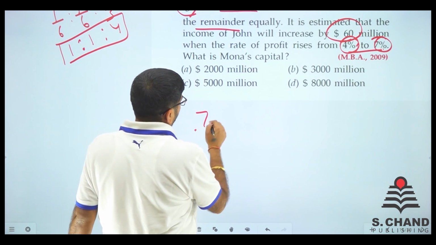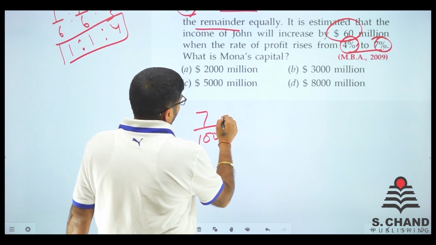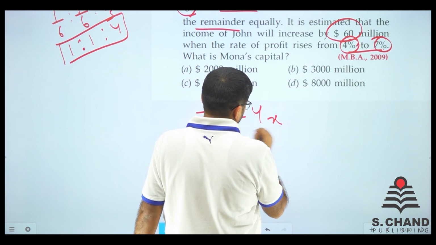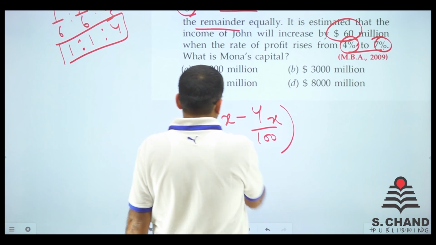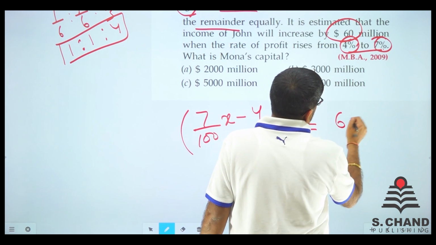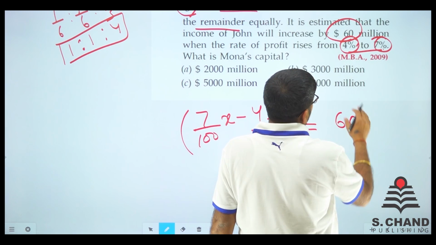Say for example, 7% of X minus 4% of X, it will be equal to what? That is 60 million, right? So we write only 60.